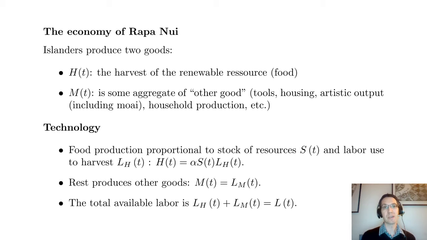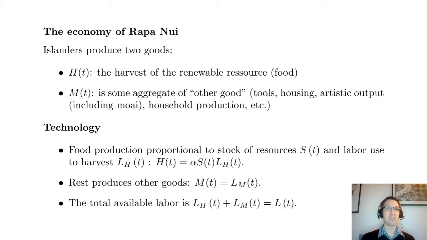The technology in the M sector is super simple: for every one islander that works in the other good sector, they produce one unit of other good M. And we have finally our budget constraint, which is that the total number of islanders L has to equal the islanders that work in the harvesting industry and the islanders that work in the other goods industry.